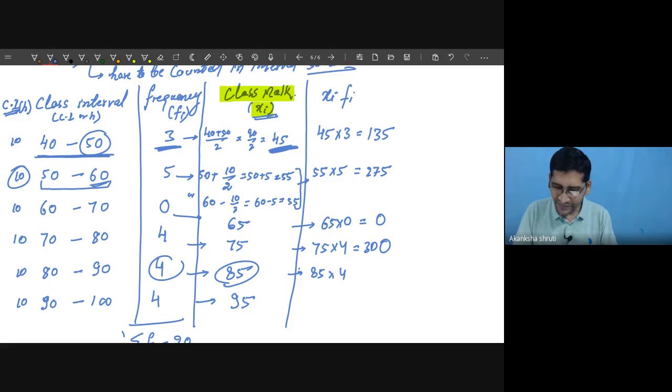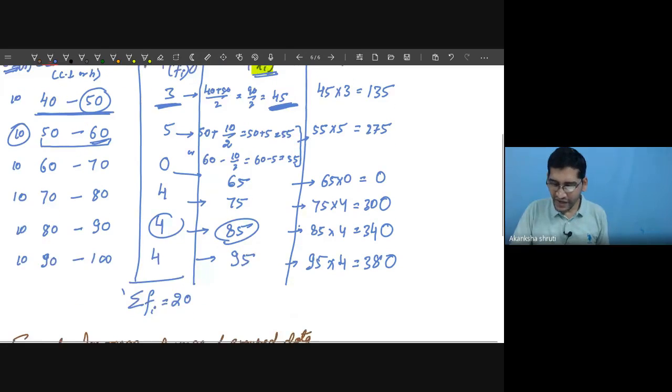Okay, student? So fi xi we are calculating. Substitute it here or multiply it. Next one is 95 multiplied by 4. Go for multiplying. It is like this.